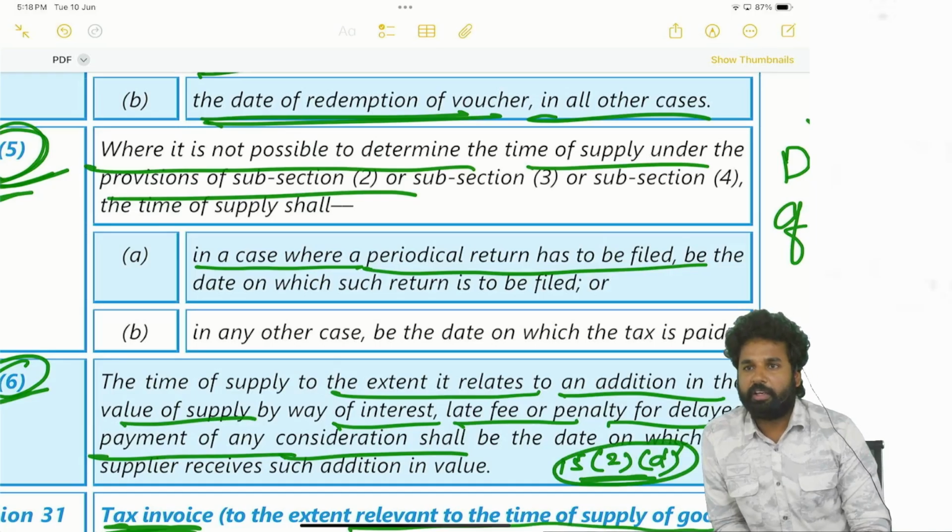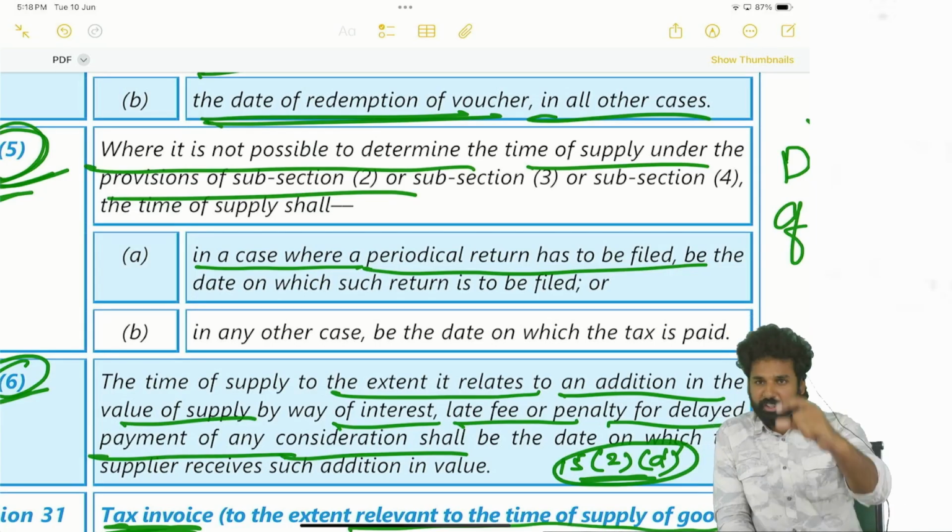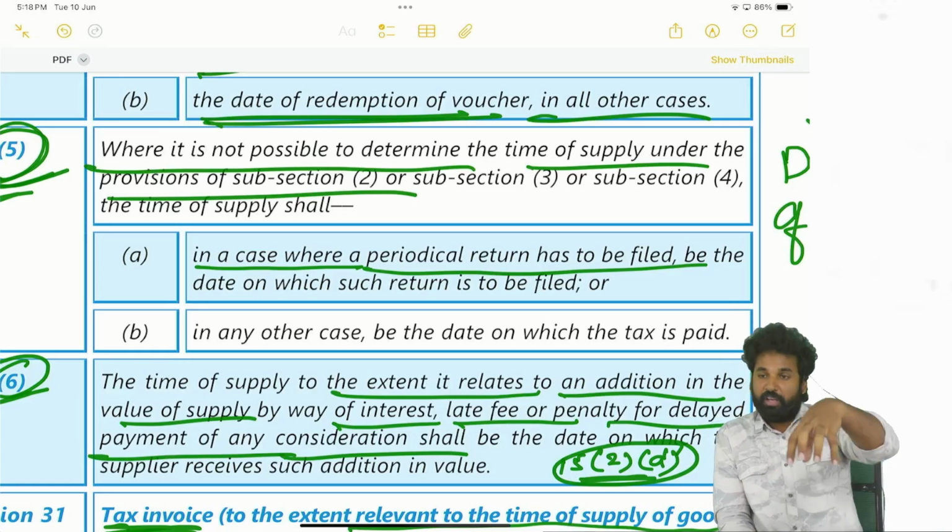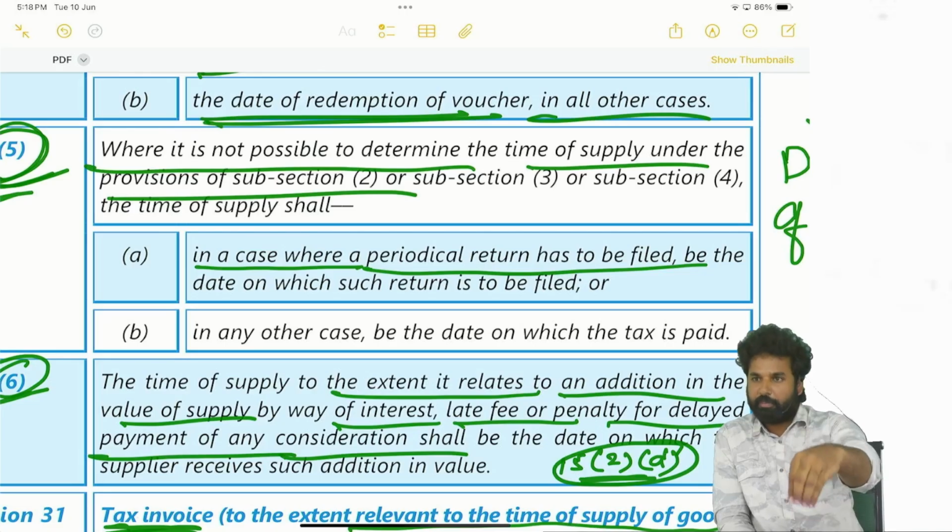So on such interest, when is the GST payable? By determining the time of supply provisions, we are fixing the point when the GST is payable with respect to interest, late fees and penalty.